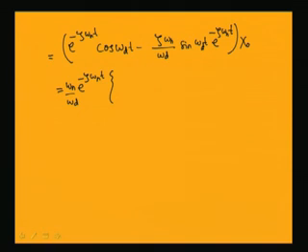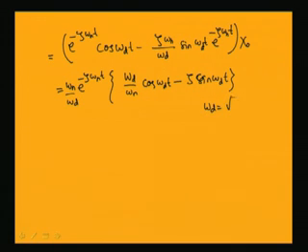So, this becomes omega d by omega n into cos omega d t minus zeta into sin omega d t, and you know this omega d by omega n is nothing but root over 1 minus zeta square, as omega d is equal to root over 1 minus zeta square into omega n.